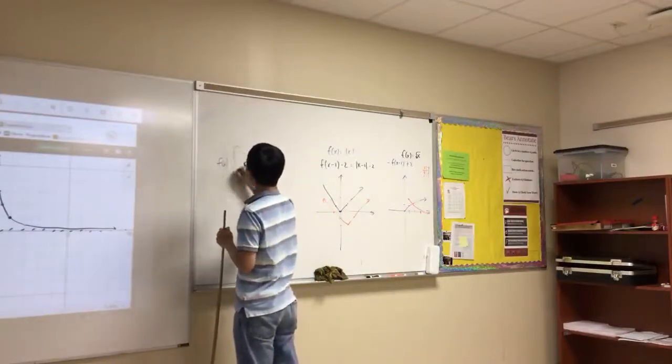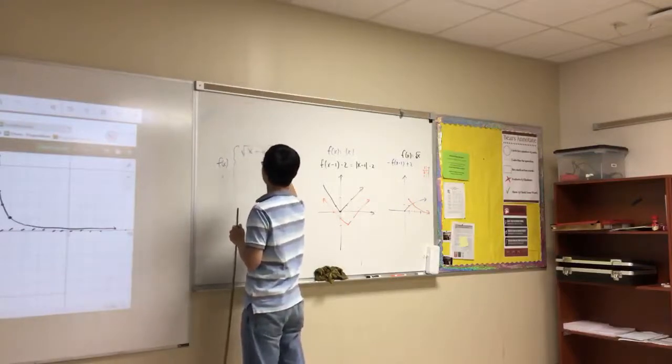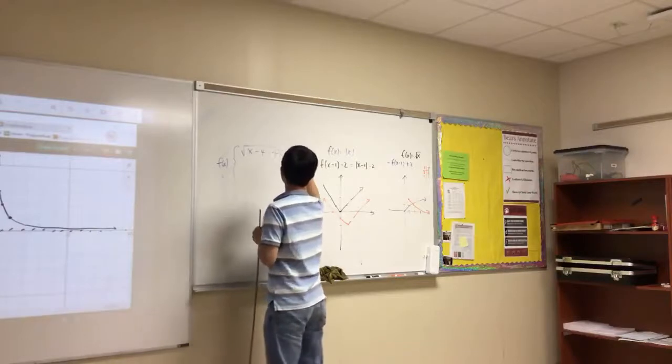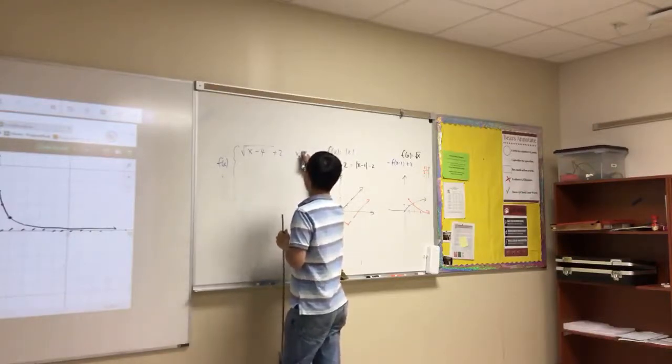F of x equals the square root of x minus 4, plus 2, when x is greater than -4.